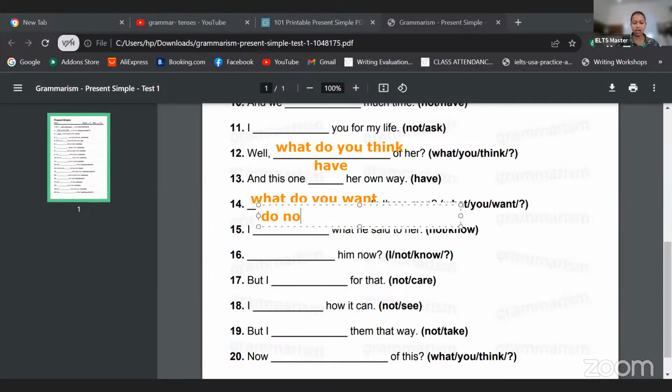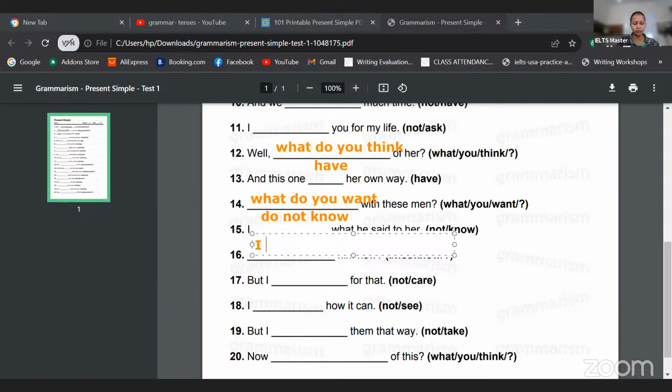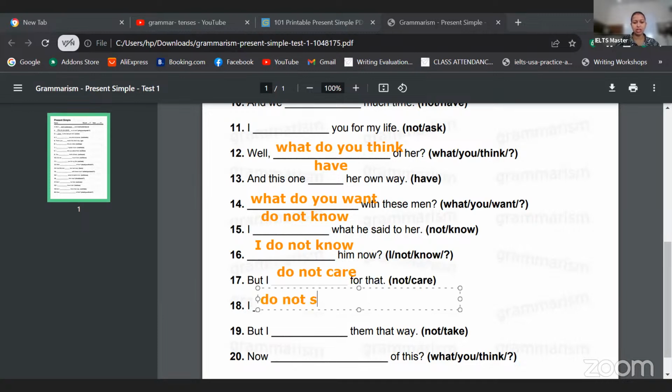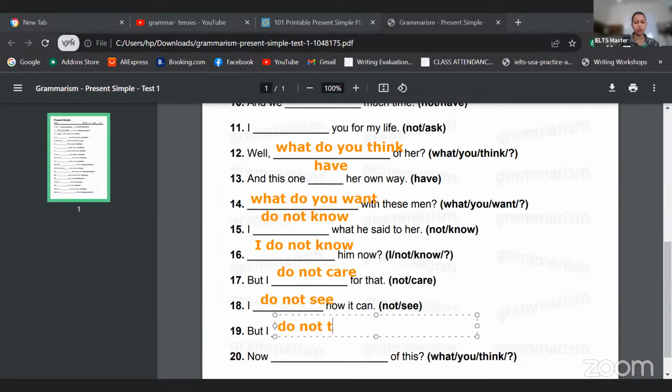It will become I do not know. But I do not care. I do not see. But I do not take. Now dash what you think. What do you think? Is that clear?